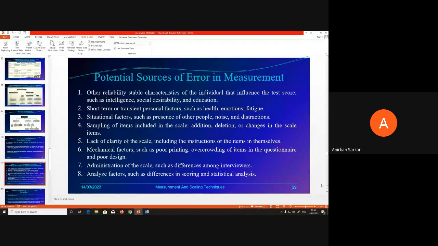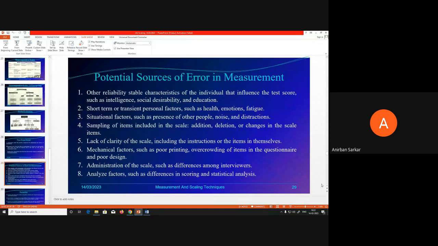But random error means some transient personal factors due to health conditions, lack of emotion, or fatigue, so you are giving wrong answers as a respondent. Or due to situational factors, say there is noise and distraction, he or she can't hear you and is not giving proper answers.